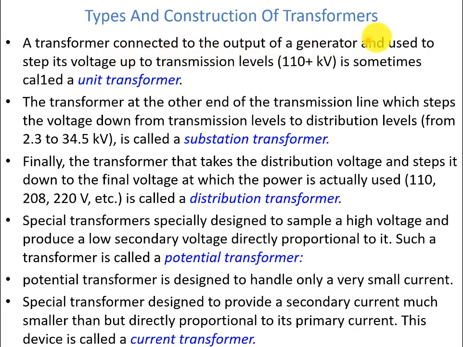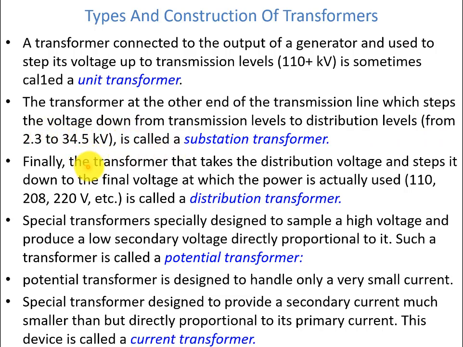A transformer connected to the output of a generator and used to step its voltage up to transmission levels of 110 plus kV is sometimes called a unit transformer. Similarly, the substation transformer at the other end of the transmission line steps the voltage down from the transmission levels to distribution levels from 2.3 to 34.5 kilovolt.